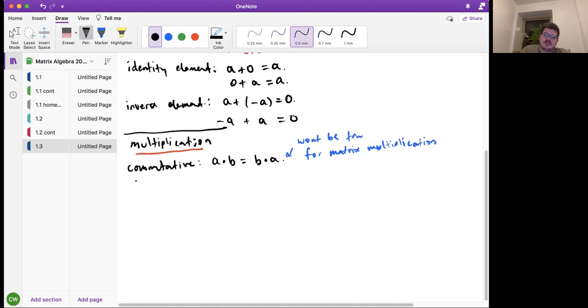Is multiplication associative? Yes. A times b times c is certainly equal to a times b times c. What's the identity element of multiplication?